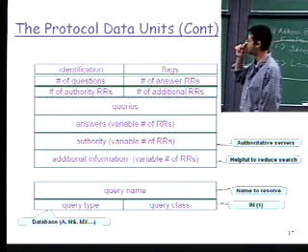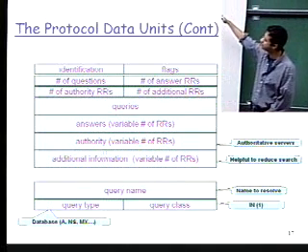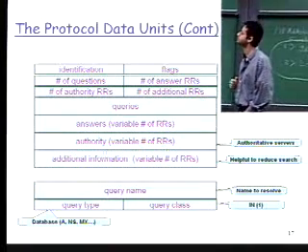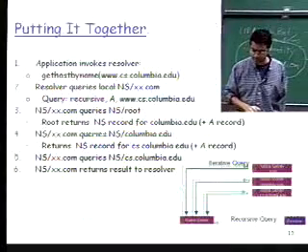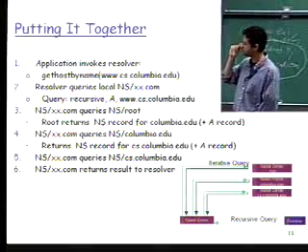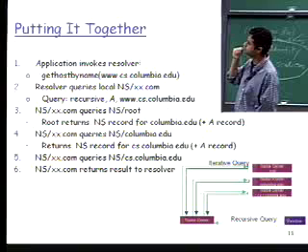This is what a typical packet would look like below the transport layer headers. So this is the application layer protocol data unit. So again, just to reiterate how it works, the application will invoke the resolver.